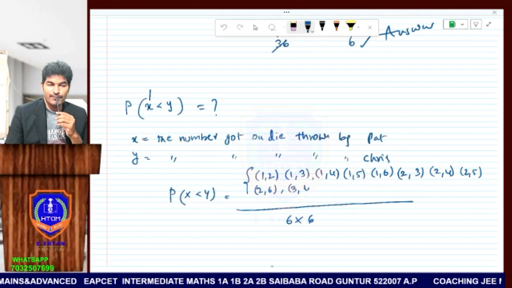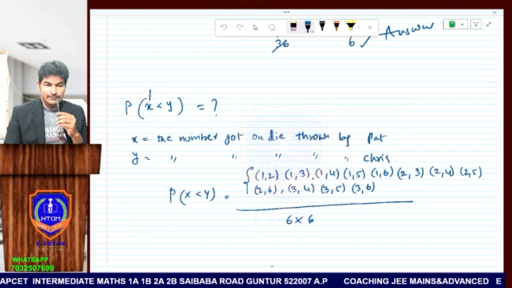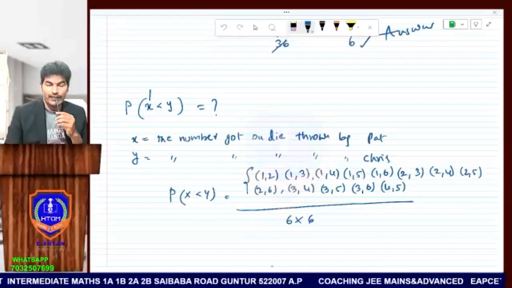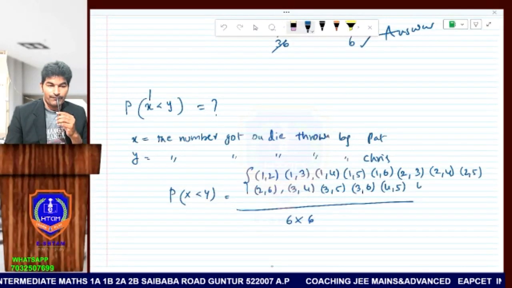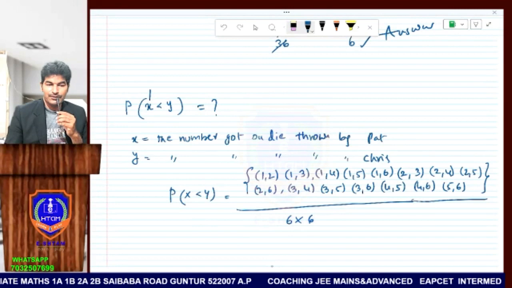Next values: (3,4), (3,5), (3,6). The first number is always the lowest one, the second number is always more than that. Tell me the next values. (4,5), (4,6). Then (5,6). That's it. You cannot write (6,6).